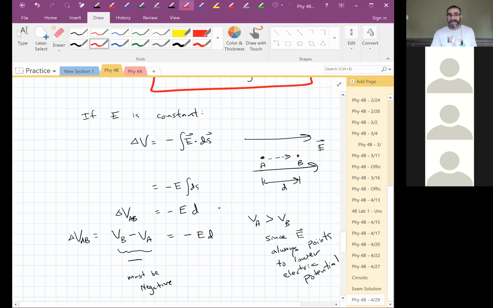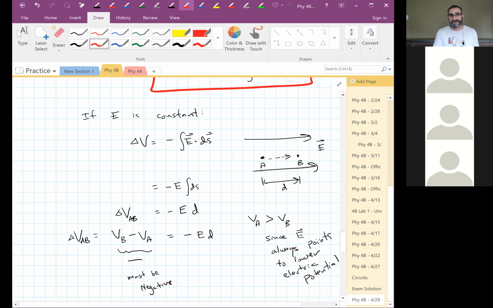So when I do these equations, I try to get the minus sign right. Remember, there's a dot product here. That might mess you up with a minus sign. There's getting the limits correct on the integral. There's the minus sign out here, right? There's a lot of places to mess up a minus sign. Just the way I do it, I try to get the minus sign right all the way through. At the end, I just look at this and I say, wait a minute, E is pointing this way.